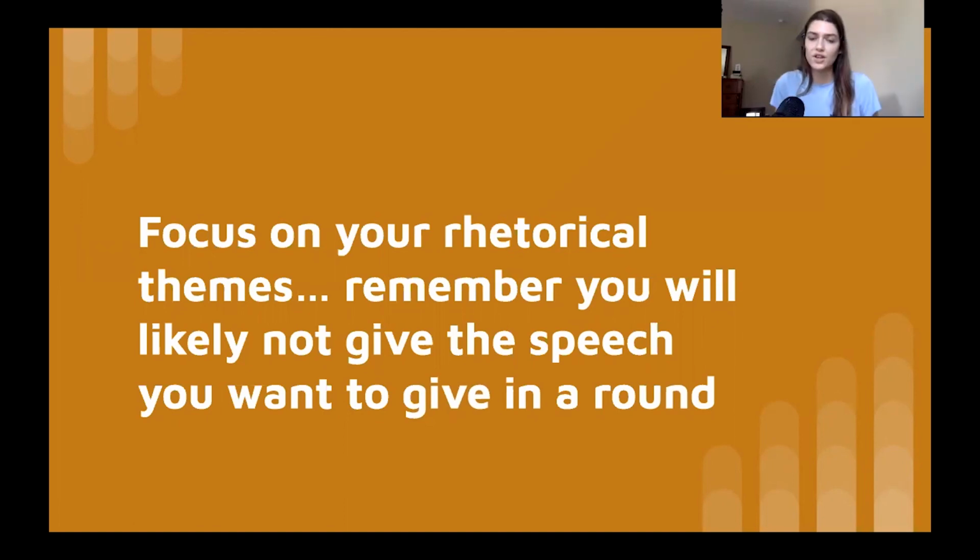These themes and motifs are the through line for your entire argument. So remember to be flexible. You don't know what kind of speech you're going to give, and every single argument you give is going to have a different and distinct fingerprint. So have confidence in yourself and in your work, which will come from memorization and practice.